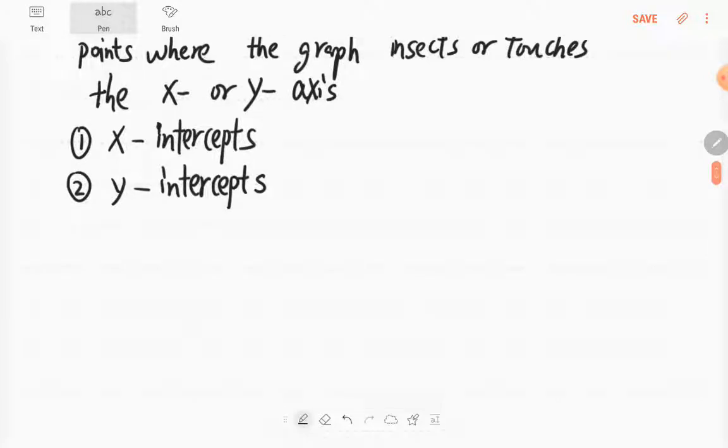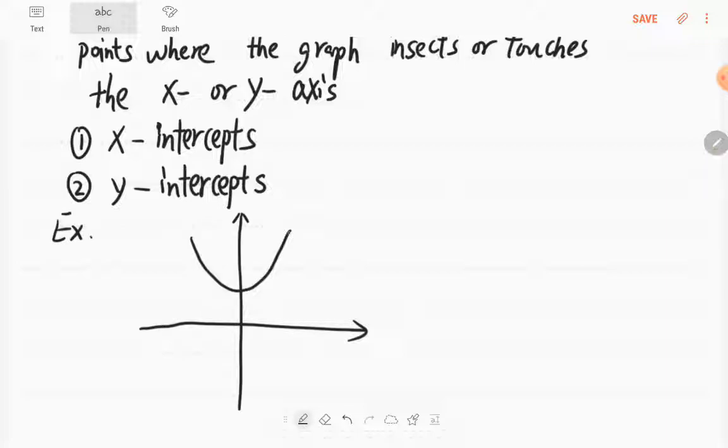So if you have this graph, for example, here is 2, here is -2.